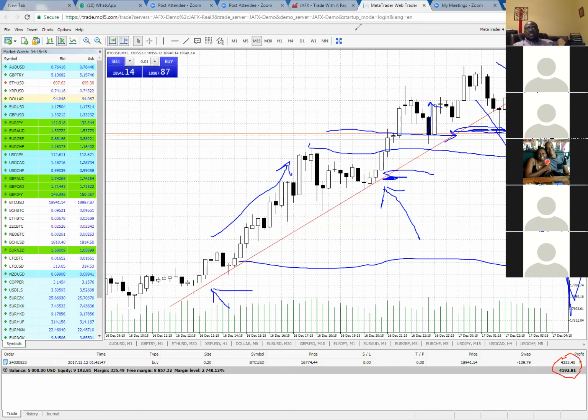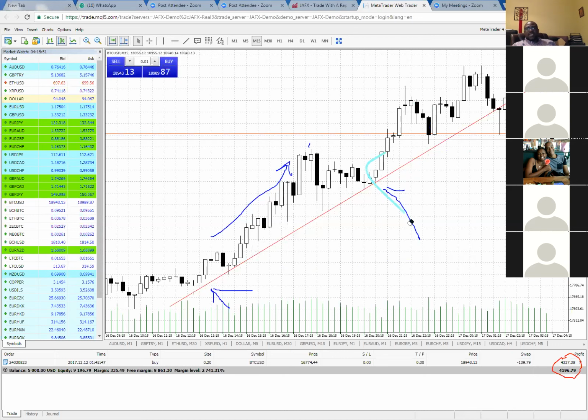Now, let me clean up again. Notice that the candles are getting tighter, meaning that the sellers are somewhat leaving. This is now an area where I will be looking, not necessarily to buy, but I'll be looking in this entire zone right here to see if I'll get candles that begin to look like this.